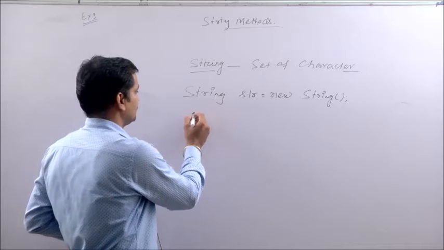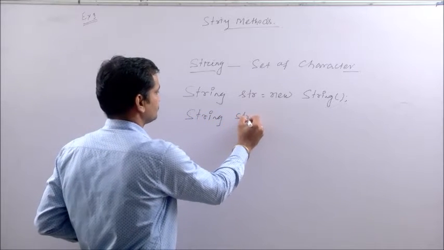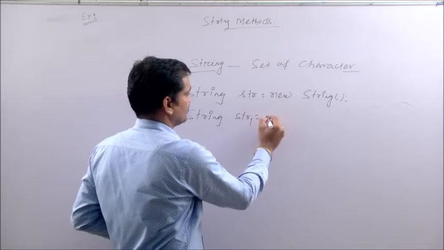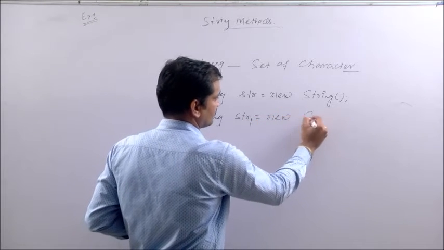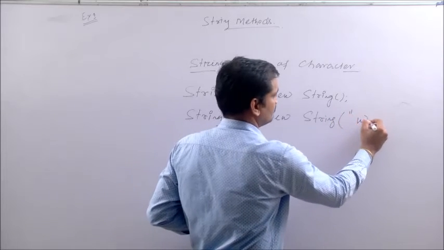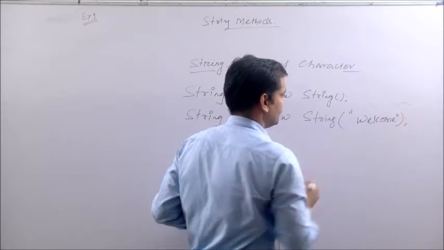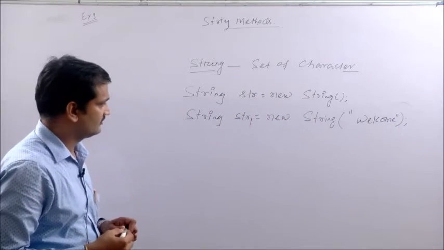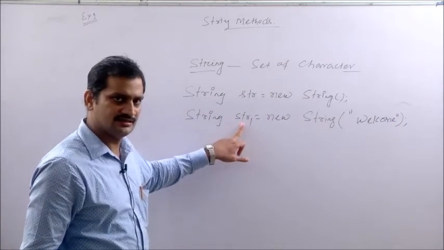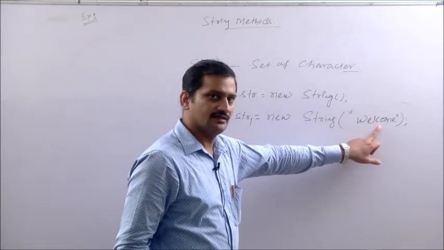Then we may create it another way, that is String str1, giving the value to the constructor, that is welcome. What does it mean? Now this string object str1 refers to a value that is welcome.